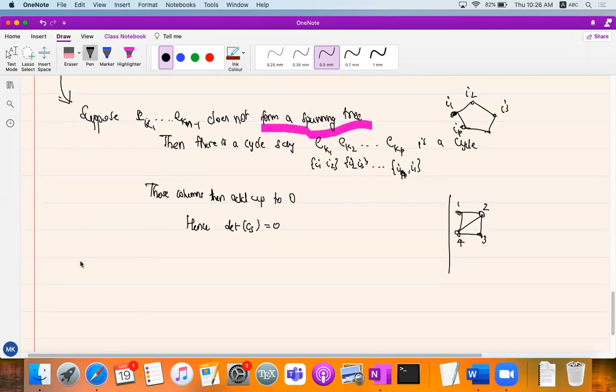Okay. But if e_k1 up to e_k(n-1) does form a spanning tree, the claim is that the determinant of C_S is plus or minus 1.